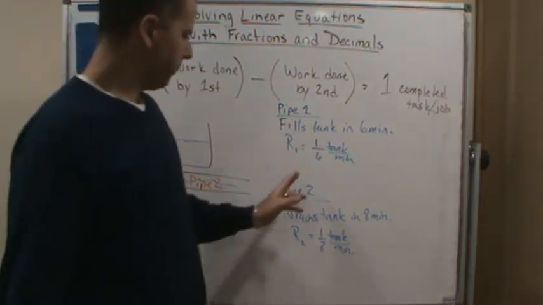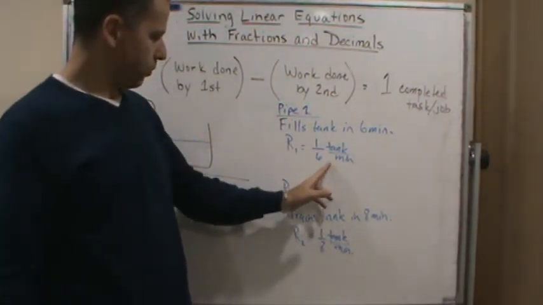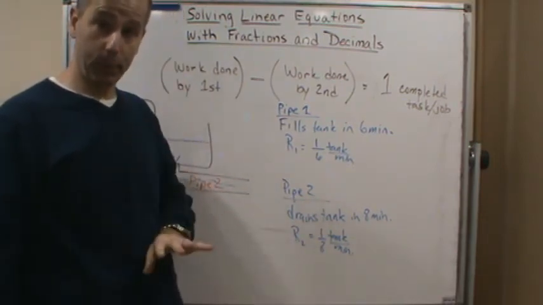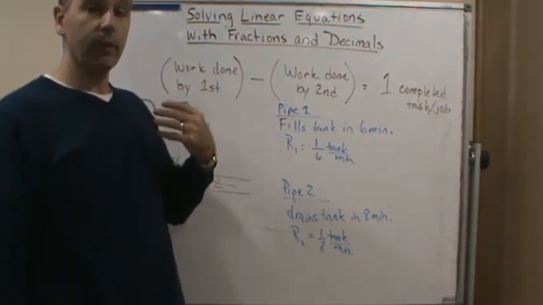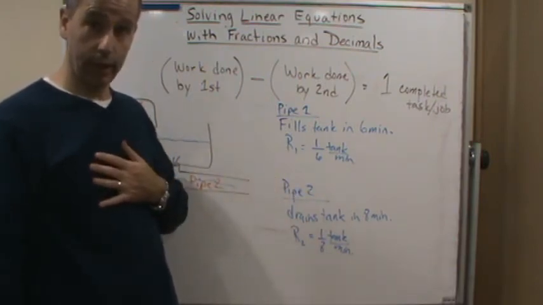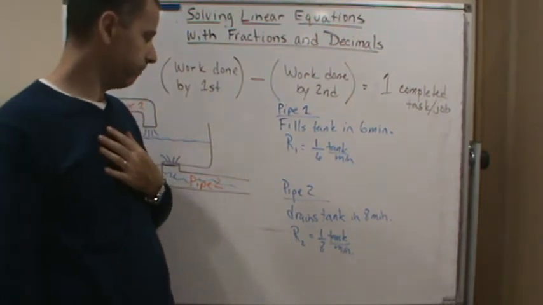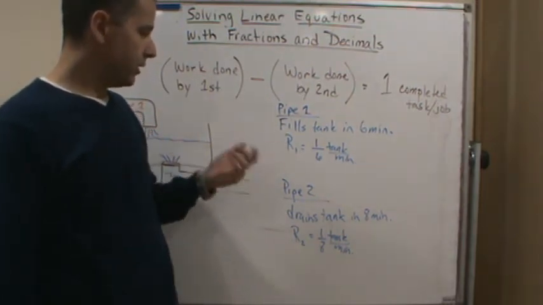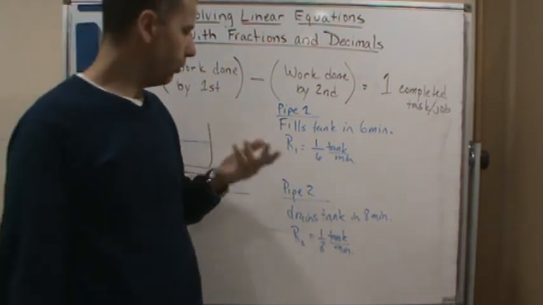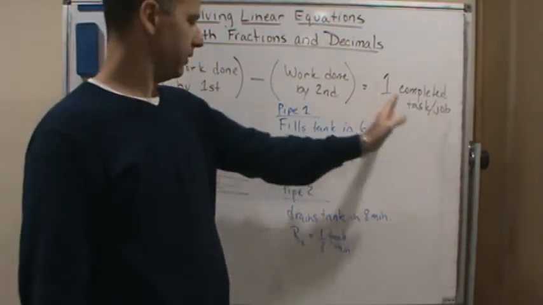We can tell that this rate is faster than this rate, so if we left them both open, eventually the tank would overflow if left unattended. So the question is, how long would that take? Well, now we're going to set it up using this formula.